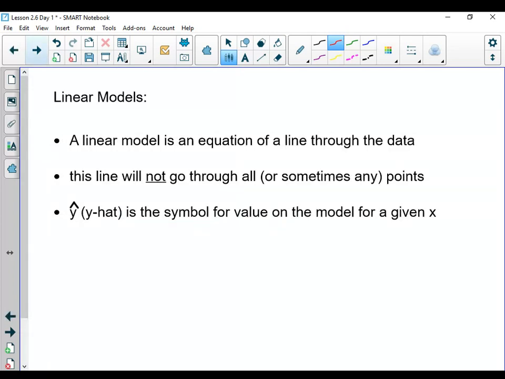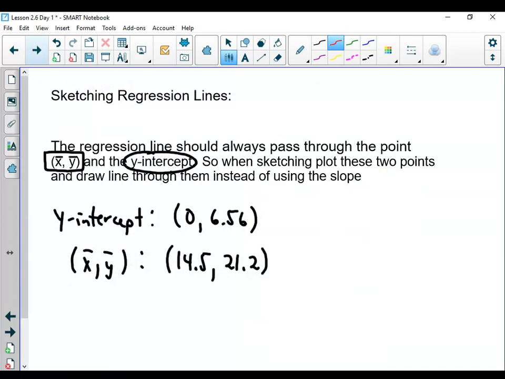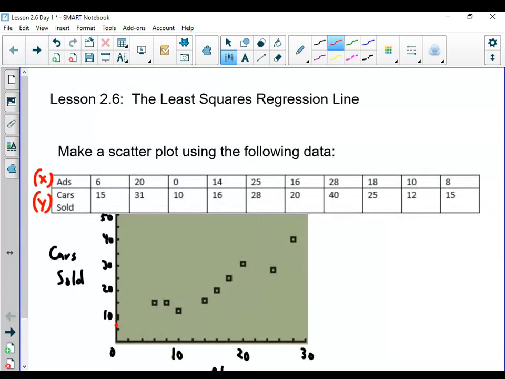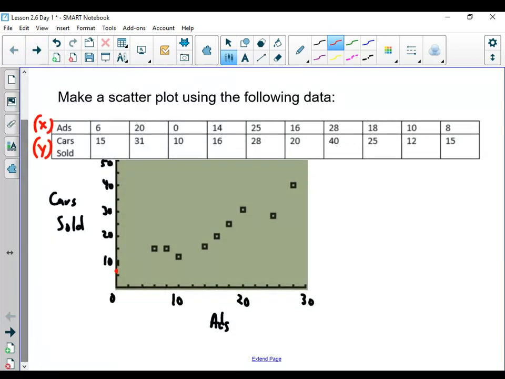And then the second point I'm going to plot is this one, 14.5, 21.2. Again, we're estimating a little bit, but I'm going to go to where 14.5 is on the x-axis, then go up to where 21.2 is on the y-axis, and make a point there.